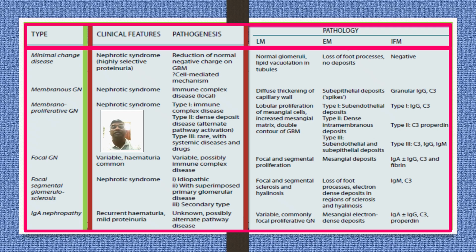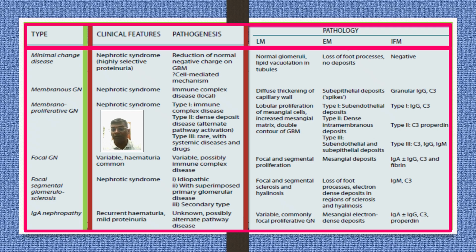Coming to membranous glomerulonephritis, this will present with all the features of nephrotic syndrome, and the pathogenesis behind it is local immune complex disease. On light microscopy, there will be diffuse thickening of the capillary walls.